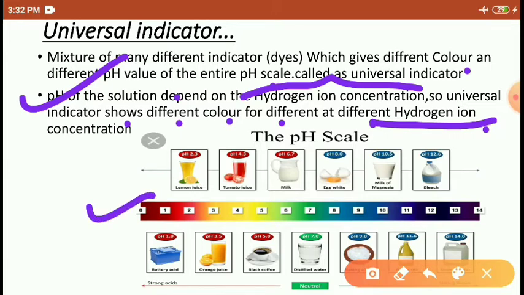Let's see the pH paper I have mentioned here. The pH paper has 1 to 14 here. We have many liquids: lemon juice, tomato juice, milk, egg, milk of magnesia and bleach. Right, students?